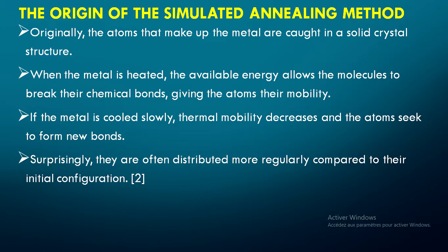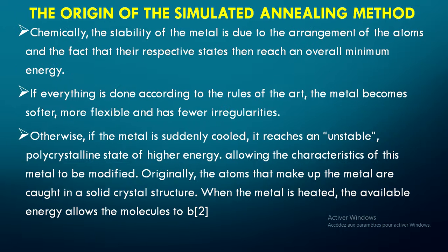So, originally, the atoms that make up the metal are caught in a solid crystal structure. When the metal is heated, the available energy allows the molecules to break their chemical bonds, giving the atoms their mobility. If the metal is cooled slowly, their mobility decreases and the atoms seek to form new bonds. Surprisingly, they are often distributed more regularly compared to their initial configuration.